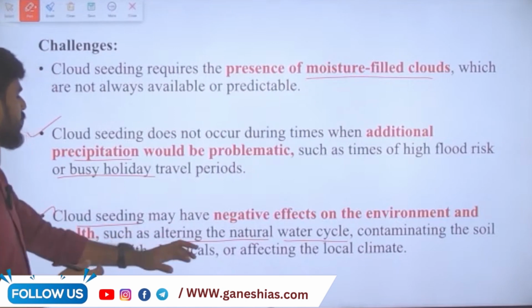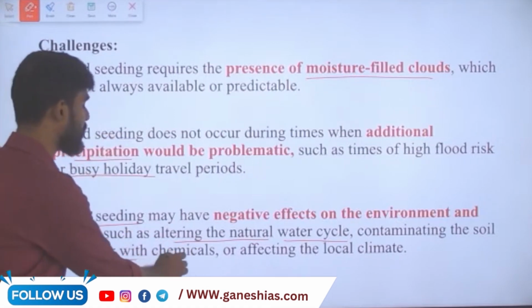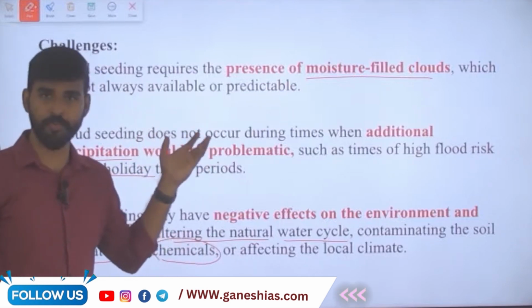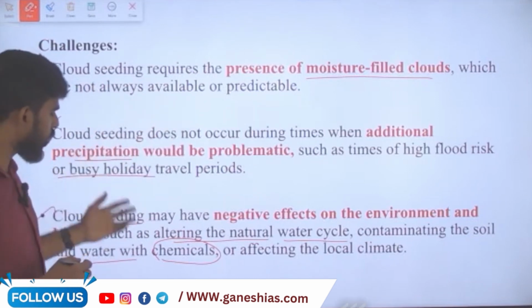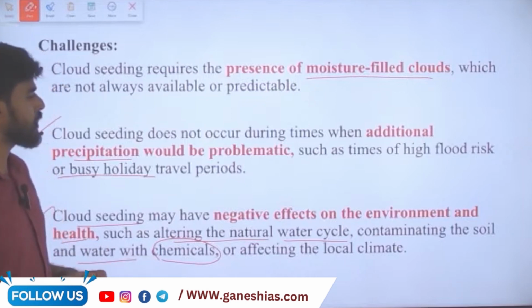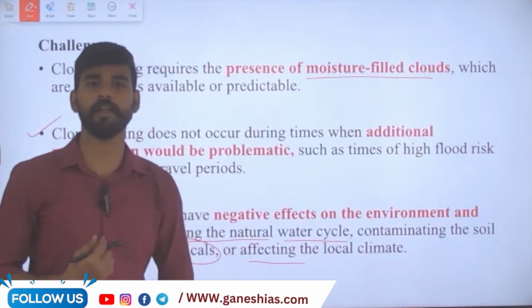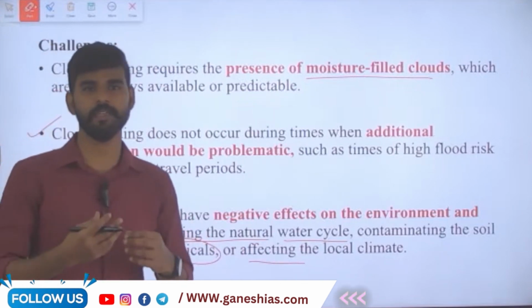So it will alter the natural water cycle and contaminate the soil and water with chemicals, because we are adding chemicals like silver iodide, dry ice, and calcium chloride we saw in hygroscopic cloud seeding. All these salts and other chemicals are going to affect the soil and water, and it is also affecting the local climate, because the natural cycle is being disrupted here.